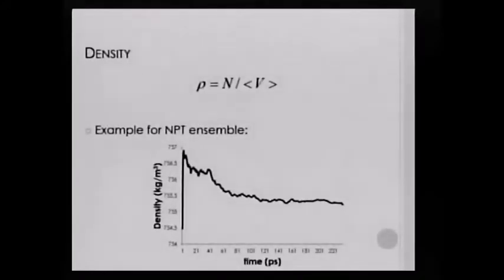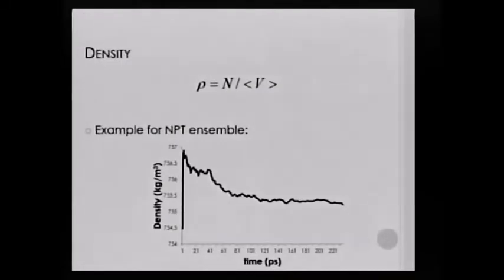This is a simple example to show how to calculate density. In this case, you have basically the mass, number of atoms, over the volume. This can be different in different ensembles.